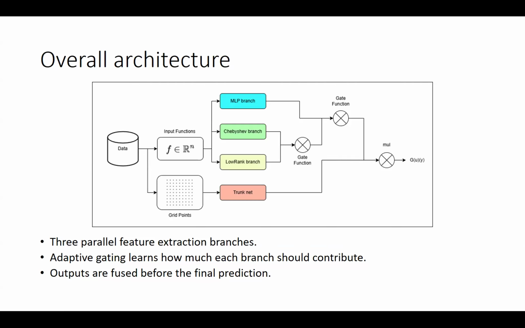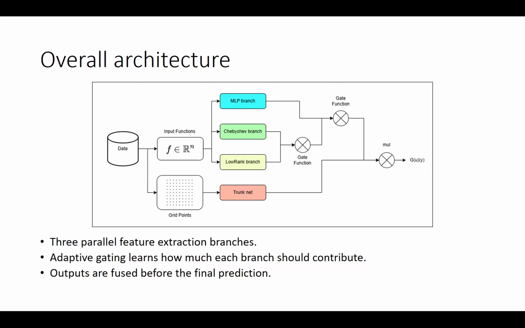Actually, it's like a classic DeepONet setup. At the same time, the input function f goes into three parallel branches. They extract features in isolation. We have the classic MLP branch, the Chebyshev branch, and the Laurent branch.